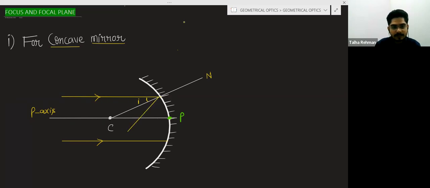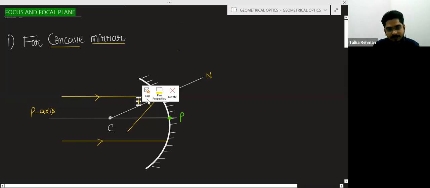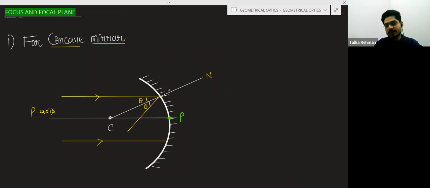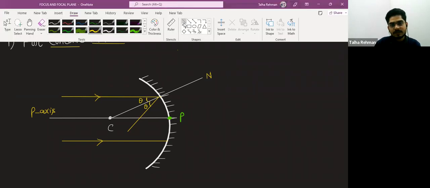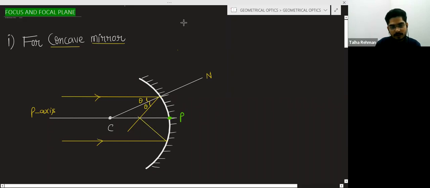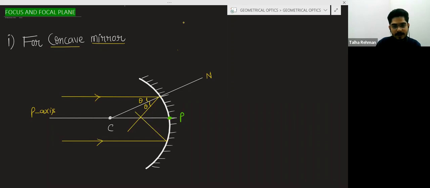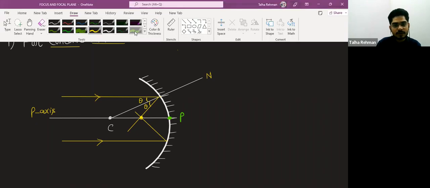Suppose this angle is theta, then this angle will also be theta, because angle of incidence is equal to angle of reflection. Same is the case for this ray. Both rays will meet at a point.